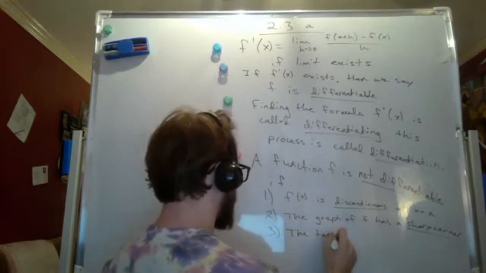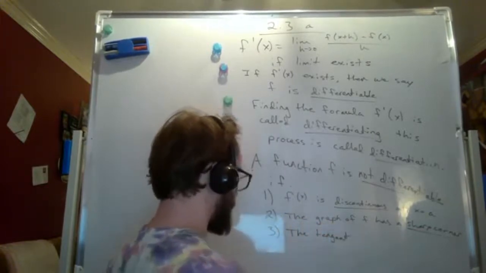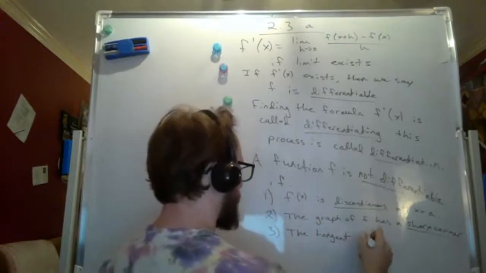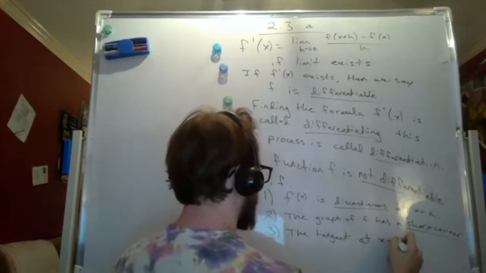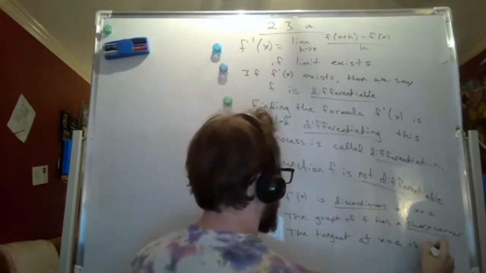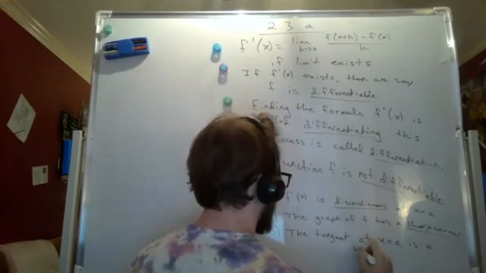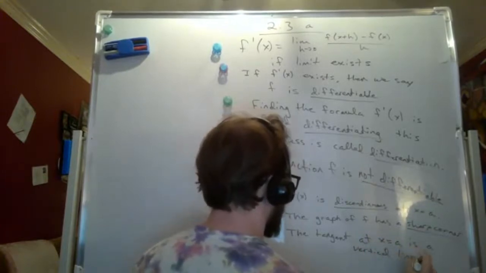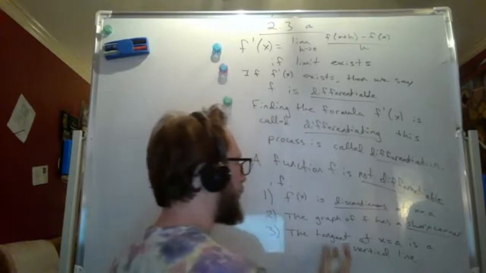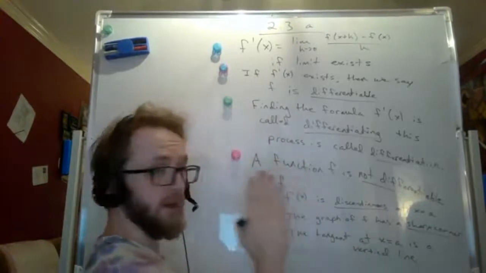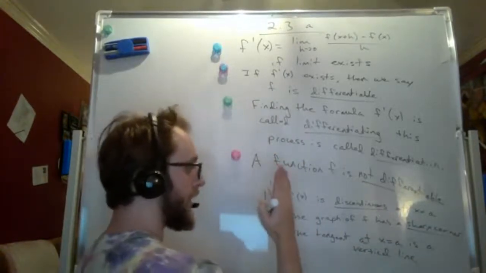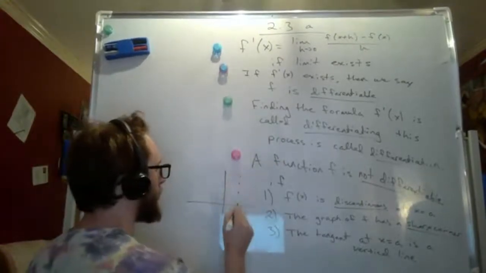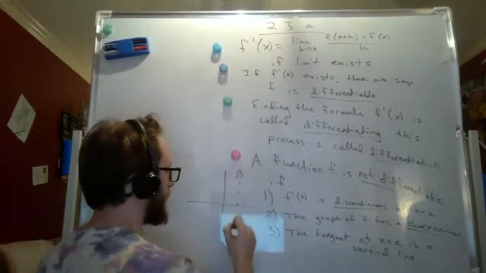Third, the tangent line, remember we discussed what a tangent line is in the previous section, at x equals a is a vertical line. Now, what would that mean? Well, if we had a tangent line that was a vertical line, then it would be going straight up and down.